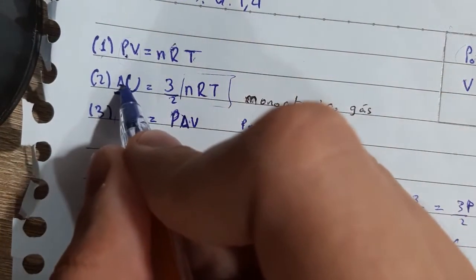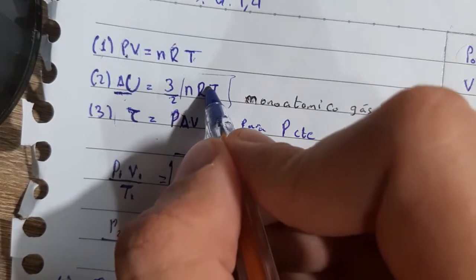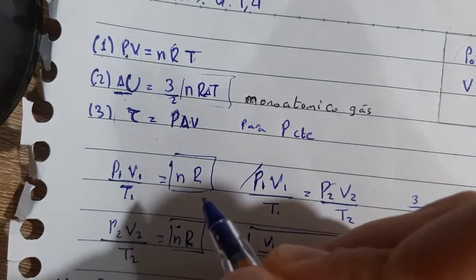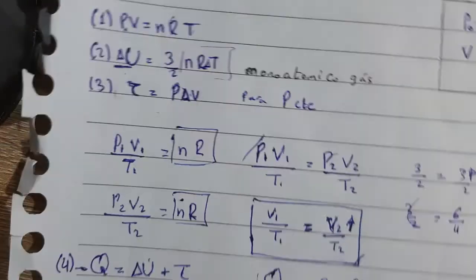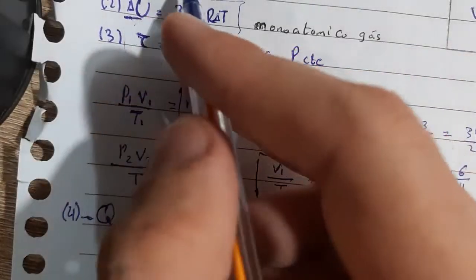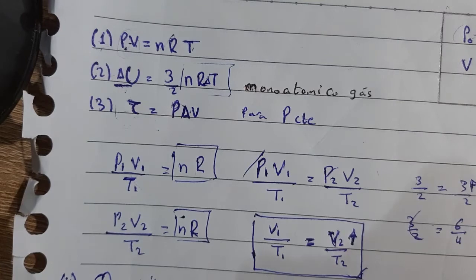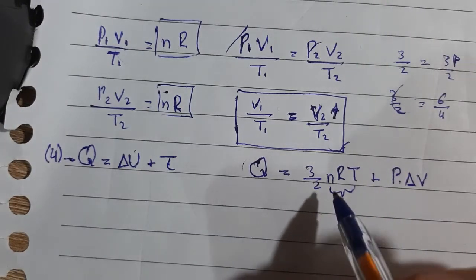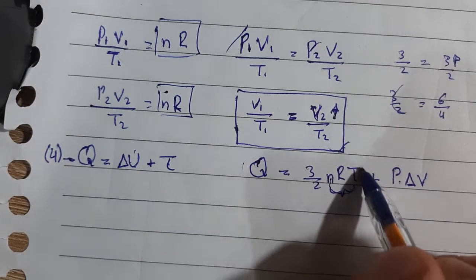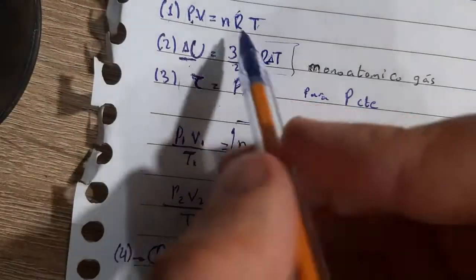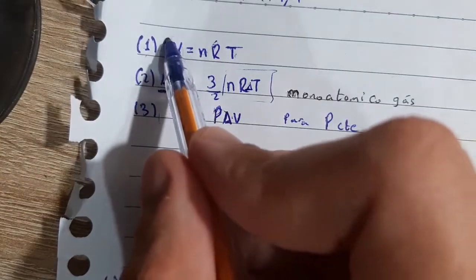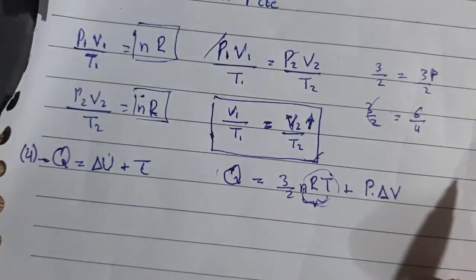The variation of the internal energy is nR times the variation of temperature. So we'll have the variation of volume over here. Can you understand what I'm saying? This part over here you will change with this part over here.